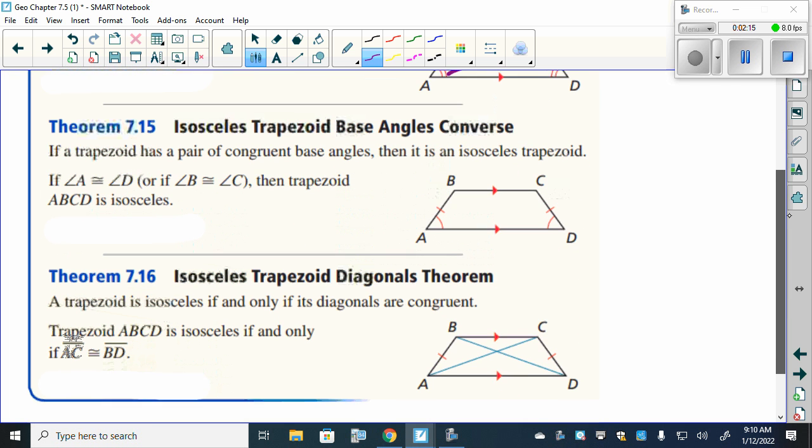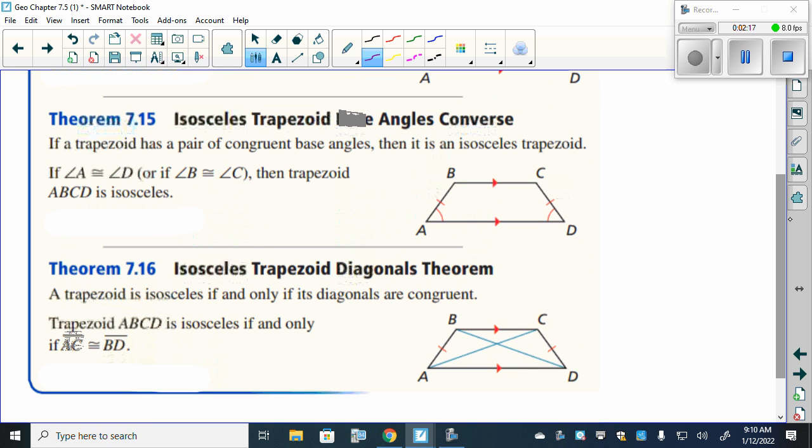The second part, if a trapezoid has a pair of congruent base angles, then it's isosceles. Just the converse of what we said in the first statement. If it's isosceles, then the base angles are congruent. If the base angles are congruent, then it's isosceles.